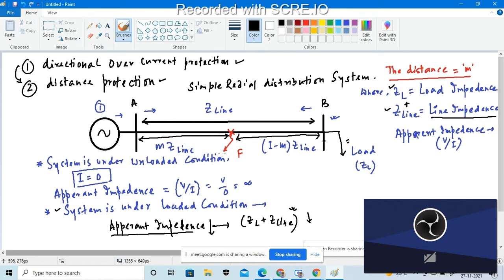So in the presence of a fault, if any such fault is present in the system at a per unit distance of m, the impedance that will be seen by the relay will drop to how much value?